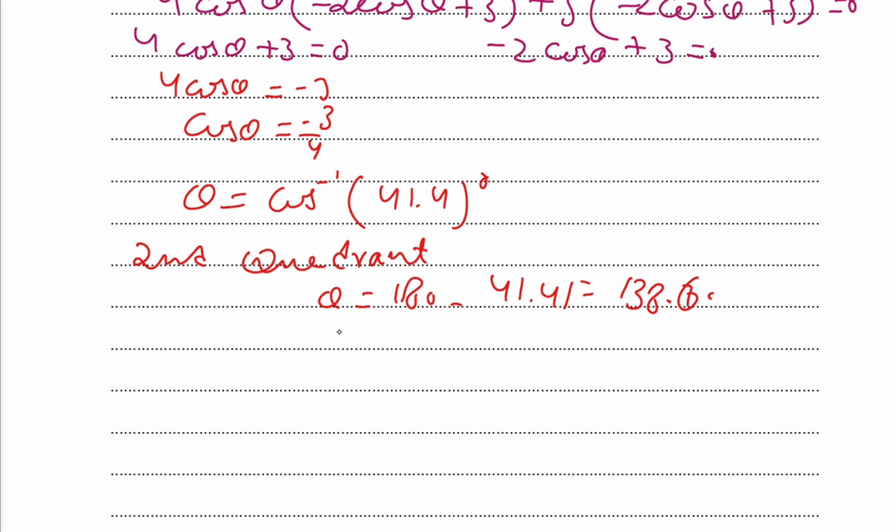In the third quadrant, θ will be equal to 180 plus 41.41, so it will be 221.41 degrees.